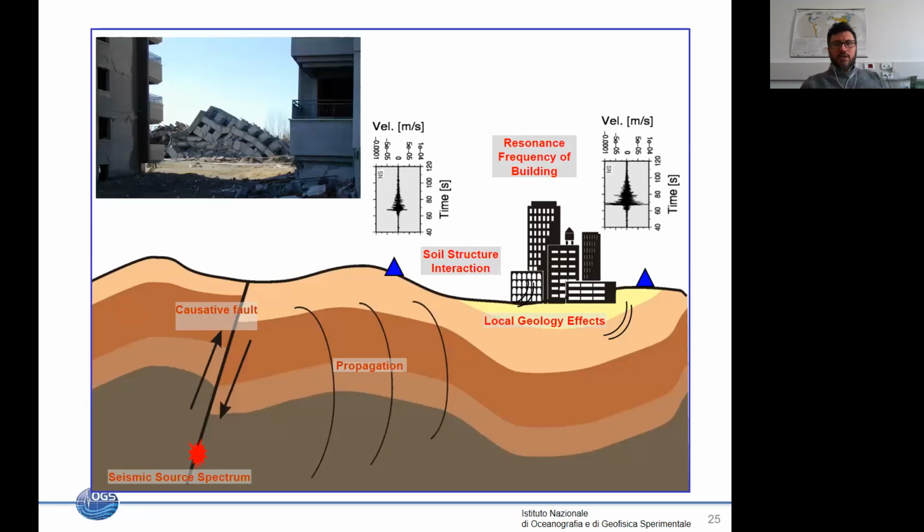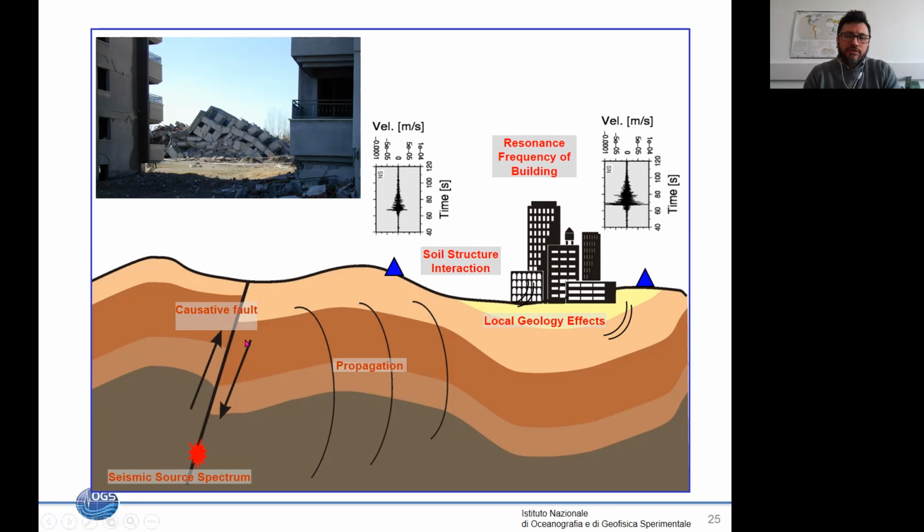Okay, this was one part of the very basics. Just to finish today, I introduce a little bit the problem, which is a little bit more seismological now. When we have an earthquake, like in this case, you can have a rupture in the earth crust, for example.